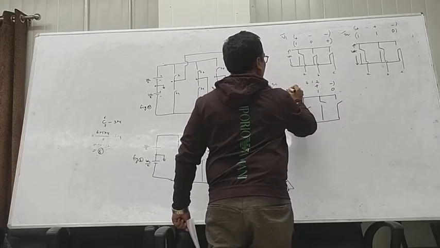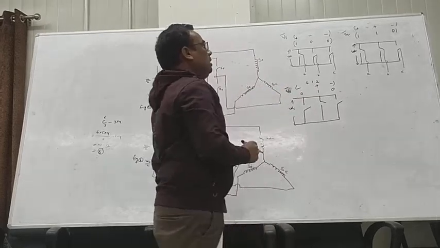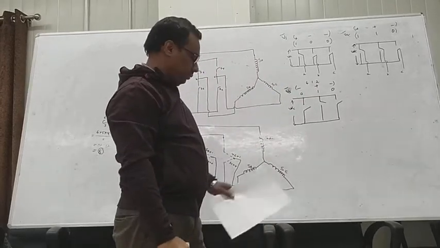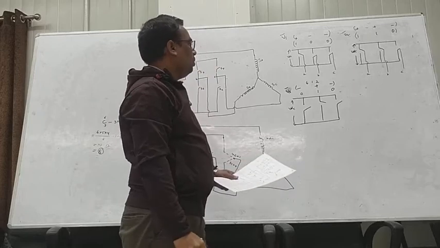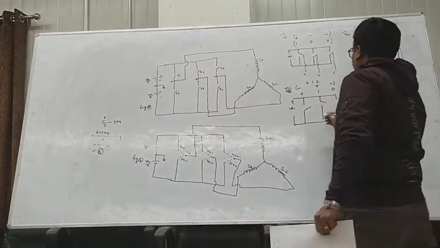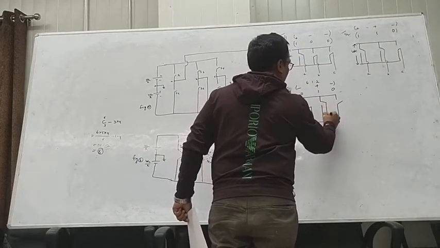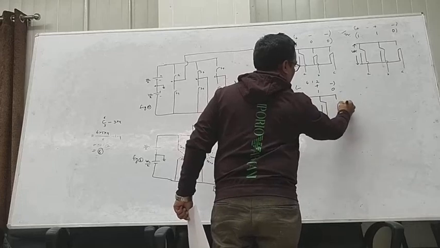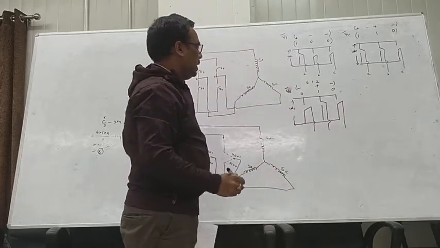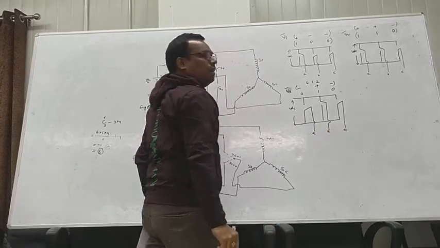This is voltage vector V3, 0 1 0, connected to phase A, phase B, and phase C.